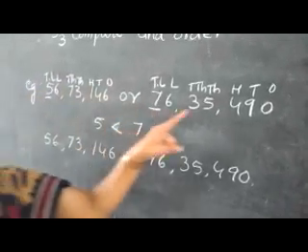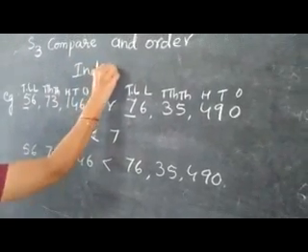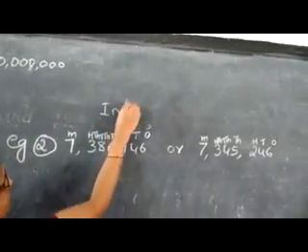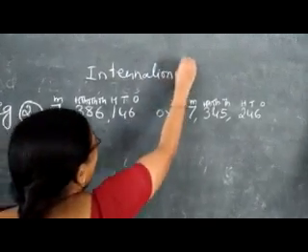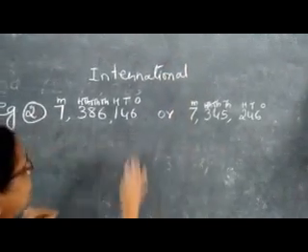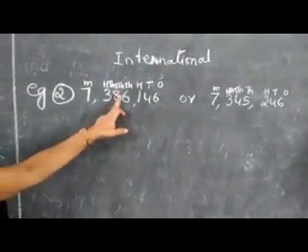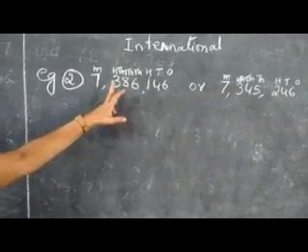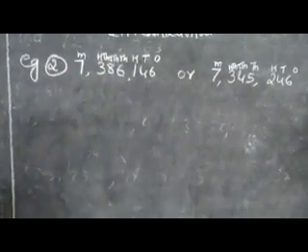In the international system, after 10,000 it will change. It will be 100,000, millions. Now we compare the numbers.